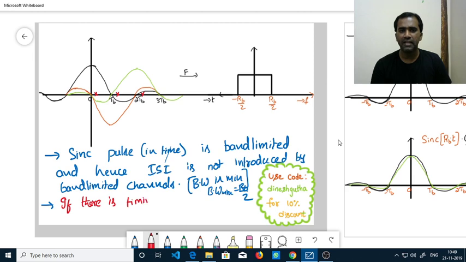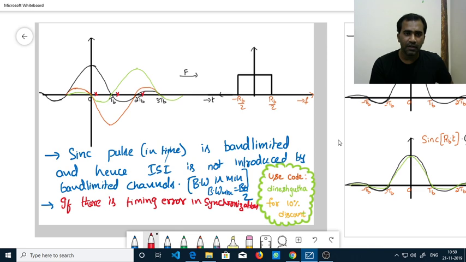even if you are using a sinc pulse, if there is a timing error in synchronization, meaning you have understood the starting or ending timing of the bits a little wrong, then what happens? Try to understand this.